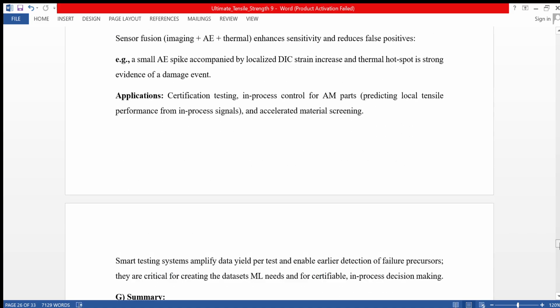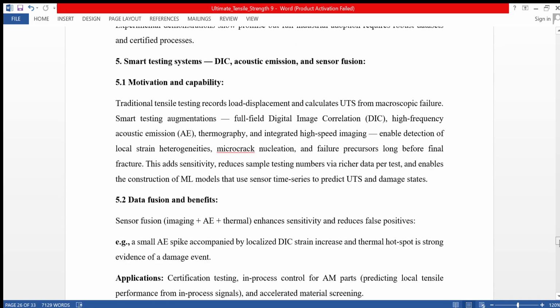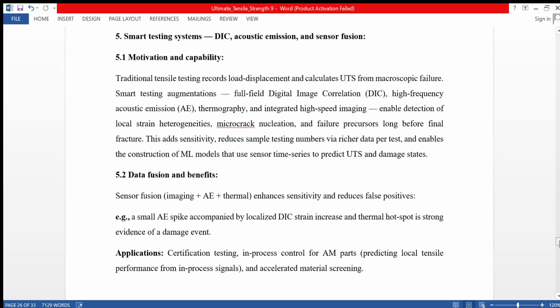Next point is smart testing systems, DIC. Motivation and capability. Traditional tensile testing records load and displacement and calculates UTS from macroscopic failure.